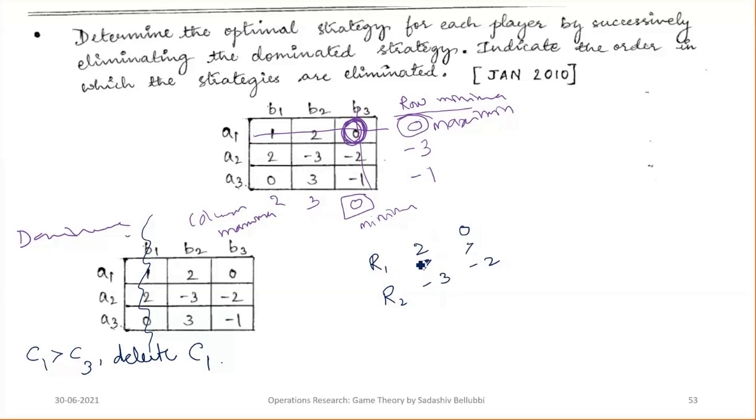Okay, it's fine. Both are greater than or equal to, which means R1 is dominating R2. Then which one do we need to delete? The one with the lesser value. So we need to delete R2, that is the A2 strategy. So just delete this one.